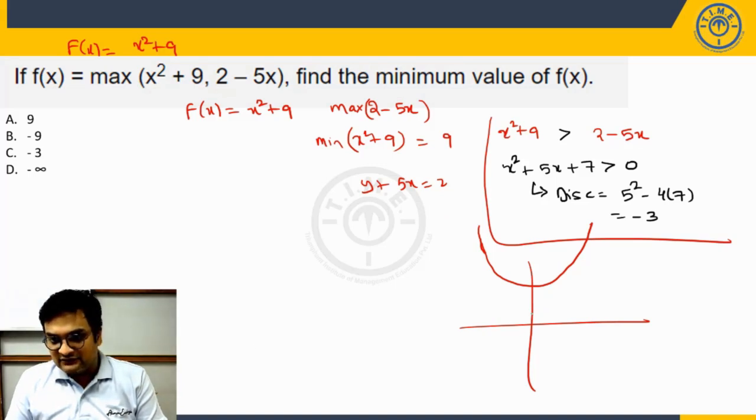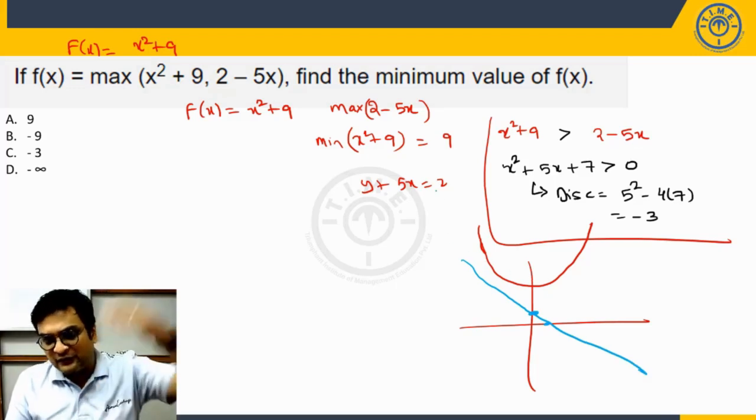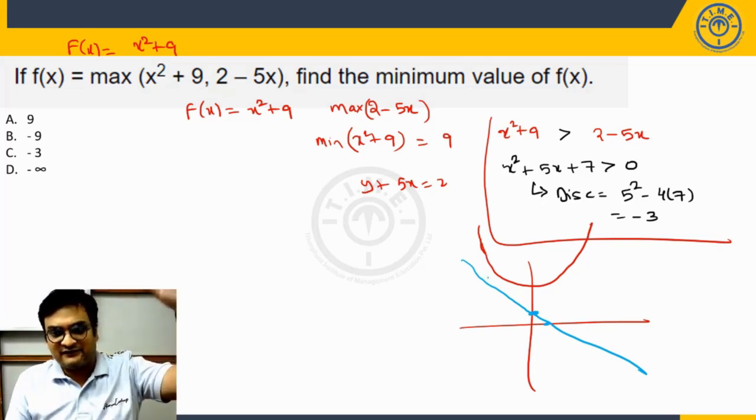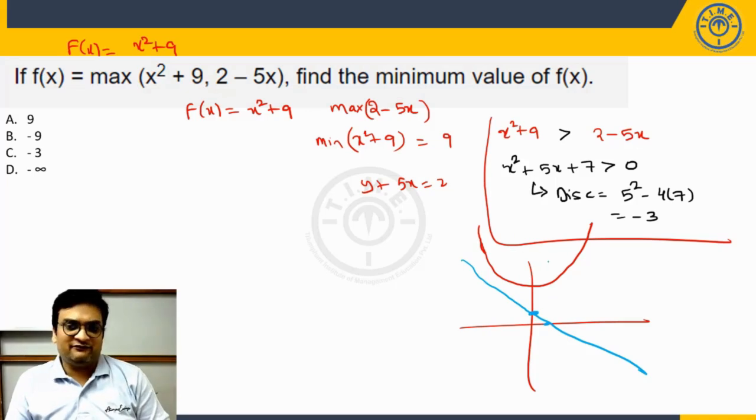And when y is 0, x is going to be 2 by 5. When you plot this, the graph looks like this. That means x square is going to grow at a faster rate. It's a square term, whereas this is a linear term. This will always be lower. No matter what value of x you take, the red graph will always be above.